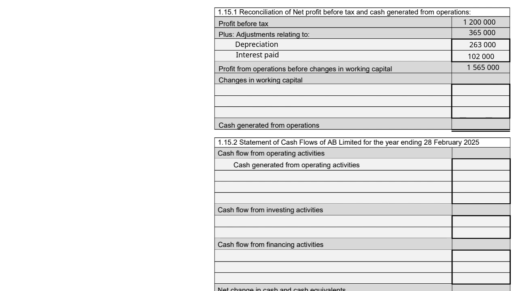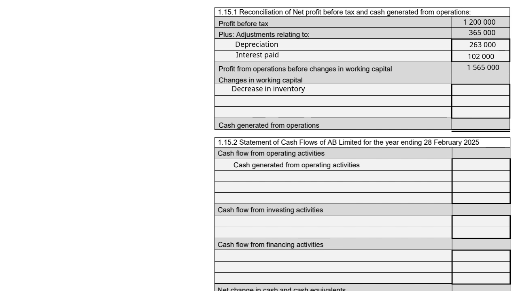to 1,565,000 Rand. Then changes in working capital, we will consider inventory, debtors and creditors. For inventory, if we go back to information 2, in 2024 we had 630,000 Rand, and in 2025 we have 450,000.